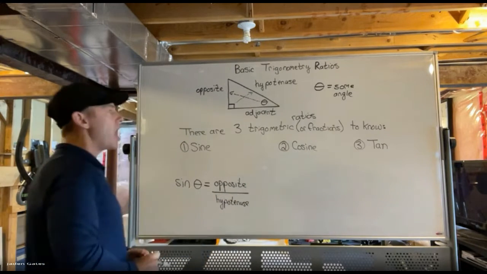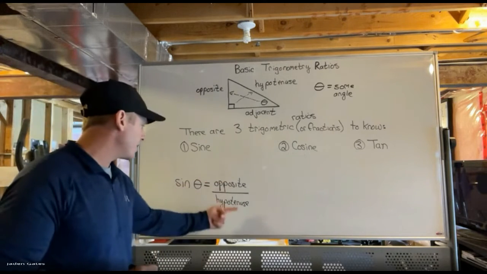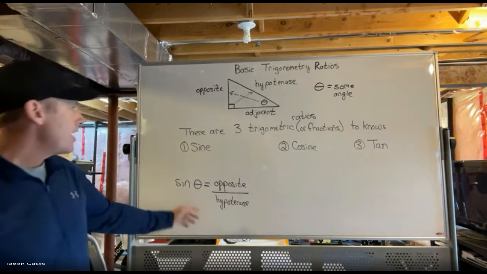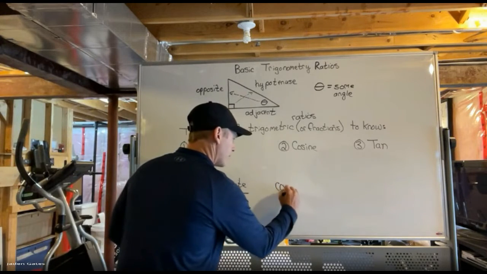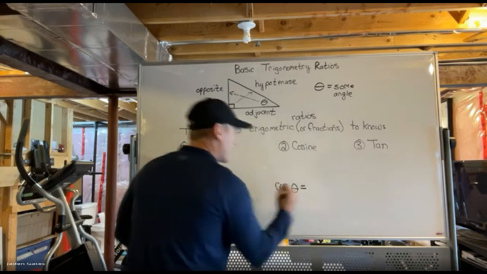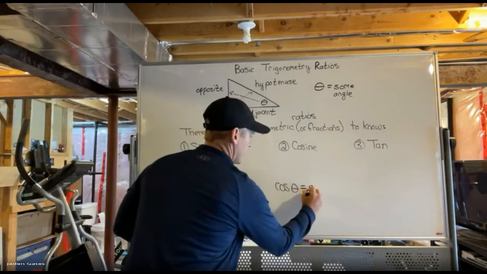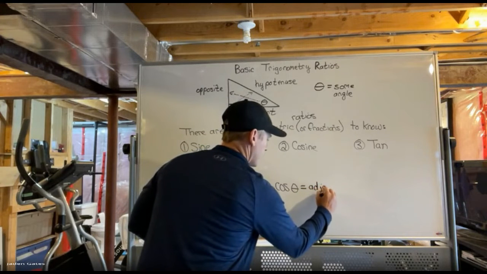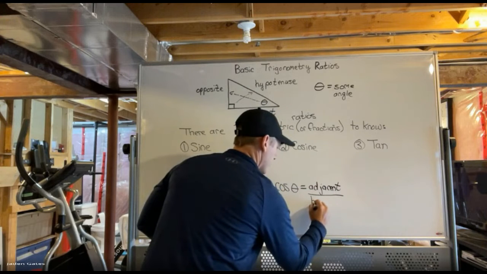So that is the sine ratio, again, as a fraction. Take the opposite and divide it by the hypotenuse. The other one is our cos ratio. And that is when you take the adjacent side and you divide it by the hypotenuse.